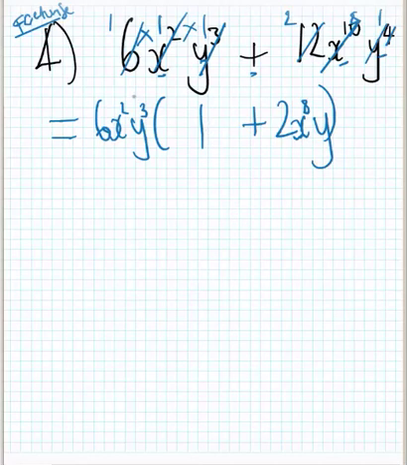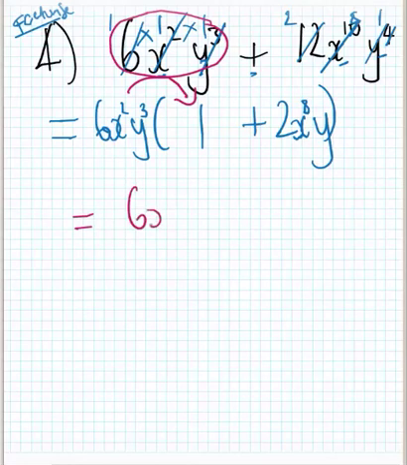And the reason is, if I expand this, okay, let's have a look. 6x squared and y cubed, or y to the power of 3, times 1, gives me what I started off with. So my answer would be 6x squared y to the power of 3, because that times that is the same thing.